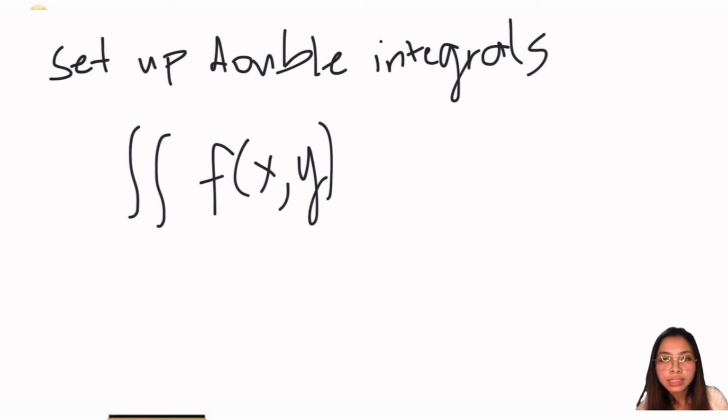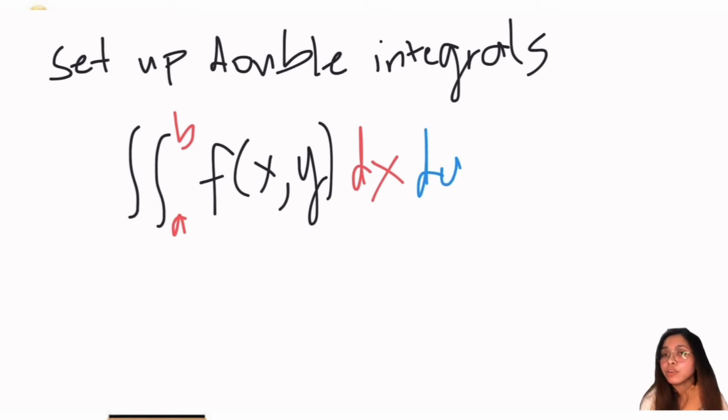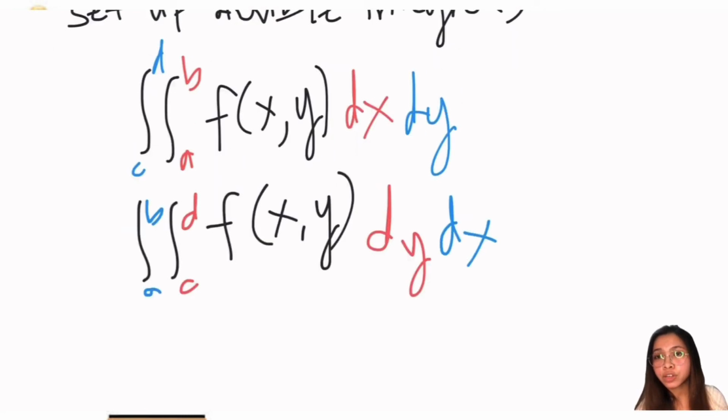What should we do next? Whatever comes first should be connected to the variable bounds of the region. So if we put dx first, the inner integral must be the one with the bounds of x. The same is true if we put dy first: the inner integral must be the one with the bounds of y.